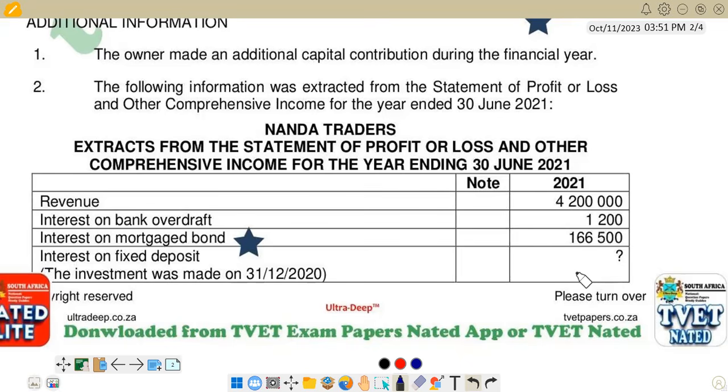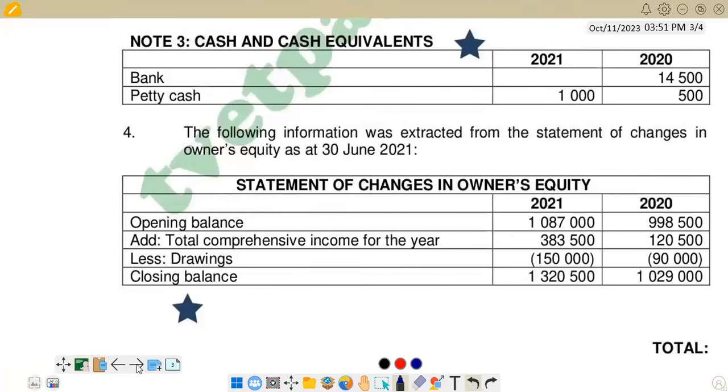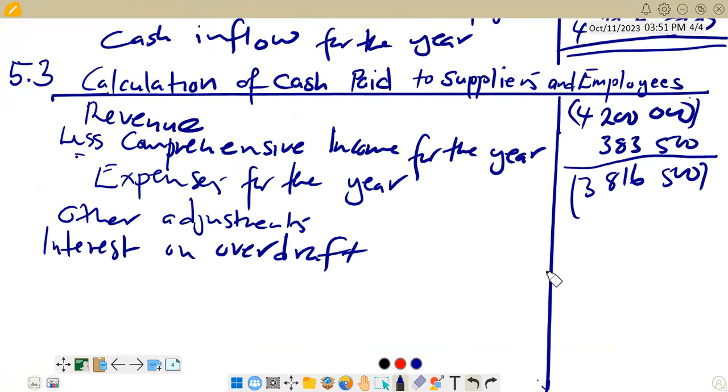We are going to see how we can calculate this one, because here it is given as a question mark. We are not given the figure. But basically, let's put interest on overdraft and interest on mortgage bond. So we go to the answer section. Interest on overdraft is 1,200. We show it as a positive.